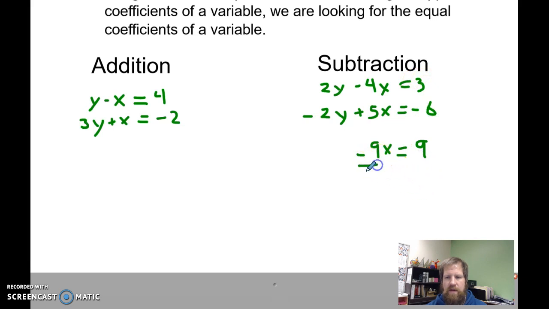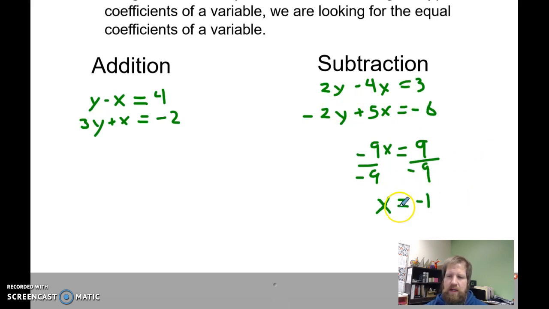Divide by negative 9, divide by negative 9, and I get x is equal to negative 1. Same thing, plug that back into one of your original equations to solve for y.